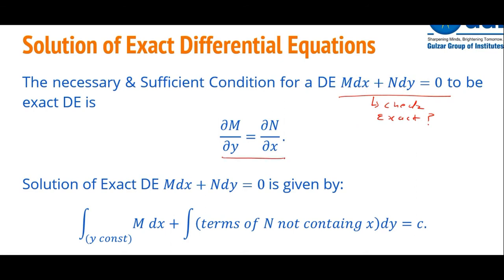You can check by seeing whether ∂M/∂y is equal to ∂N/∂x or not. If these two terms are equal, then we say that this is an exact differential equation. If these two are not equal, we say that it is not an exact differential equation. And once we check that the given equation is exact, the solution will be given by this formula: the integral of M with respect to x treating y as a constant, plus the integral with respect to y of the terms of N not containing x, equal to some constant c.